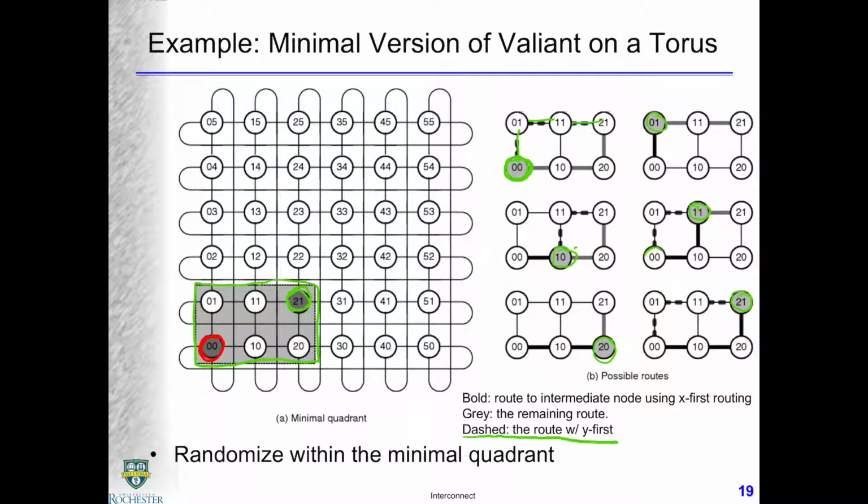We start from 0,0, we choose 1,1 as the intermediate node, and we do X first to get there, and then we do Y first. In this case, there is no Y difference in the address, so we simply finish off the X route. So you see in this example, I have 6 different choices. They're all different. The routes are different.